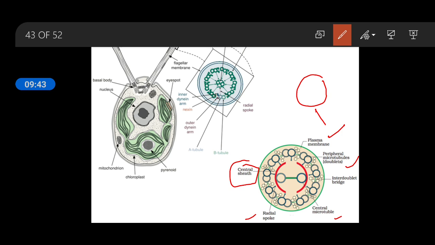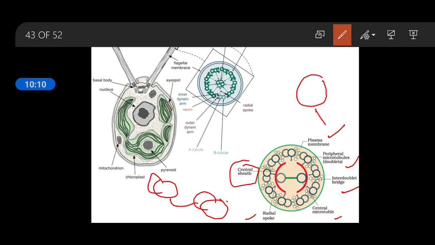Okay, and every A microtubule is connected with the preceding B ring with the help of an interdoublet bridge. It is like this. If this is the A ring, its B ring is this, and the successive A ring is connected like this. This is the bridge.